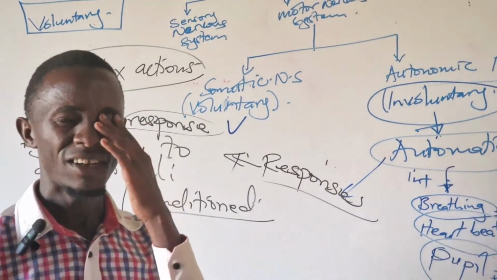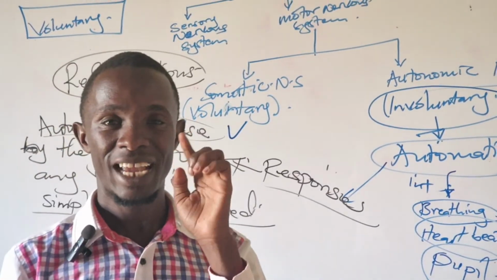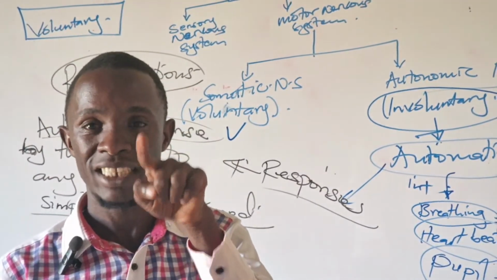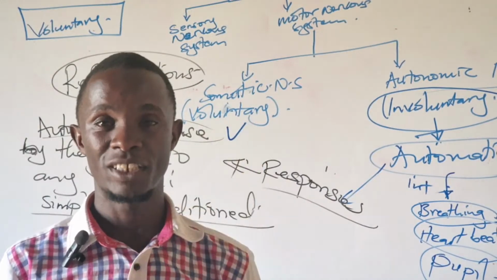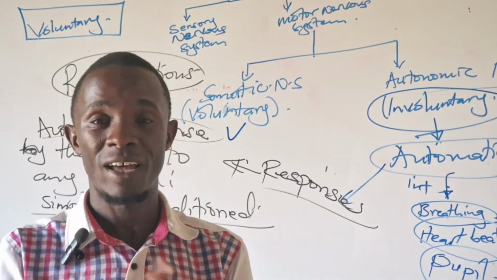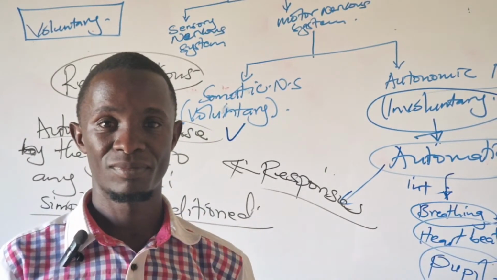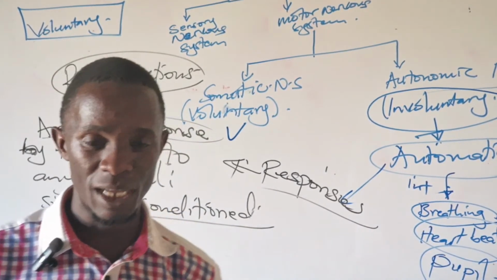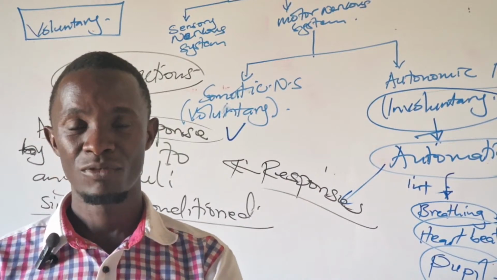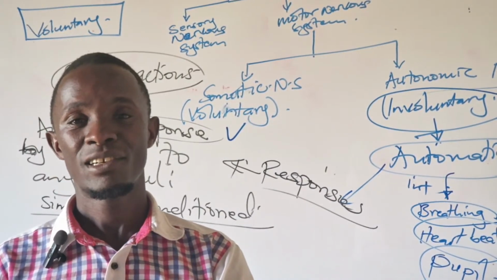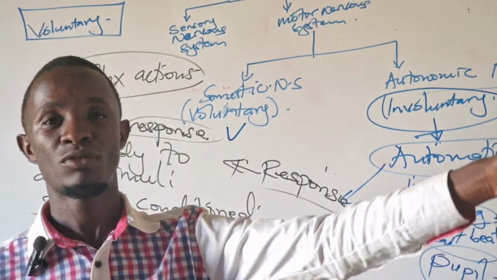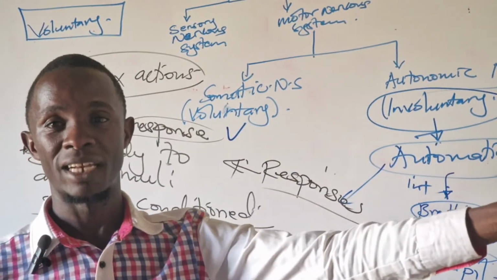The blinking of the eye, when any strange object tries to touch the eye, it is a reflex action. You have no control over that. And the response is very rapid. When you touch a hot pan with bare hands, the fingers will automatically withdraw from that hot pan.